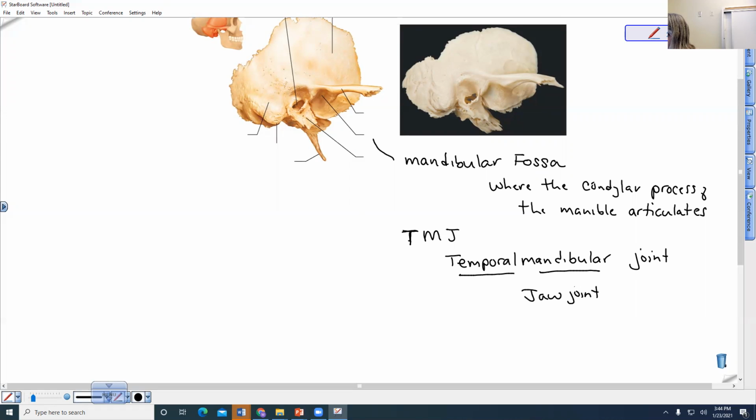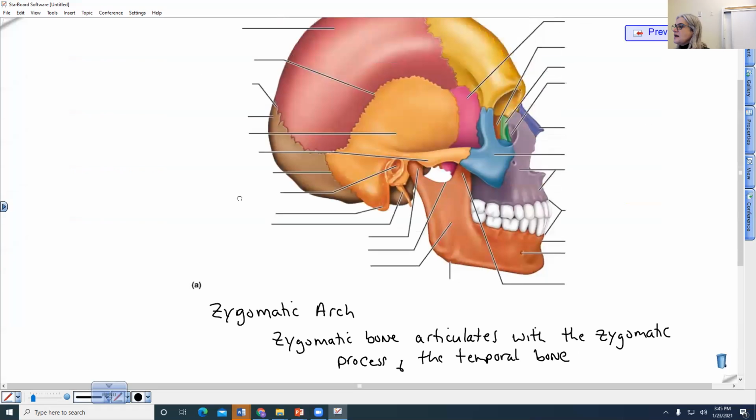So this is opening and closing the mouth. This is chewing. So if we go back to a previous diagram, we can see in our diagram here that this is the condylar process of the mandible, and it sits in the shallow indentation, which is referred to as a fossa.